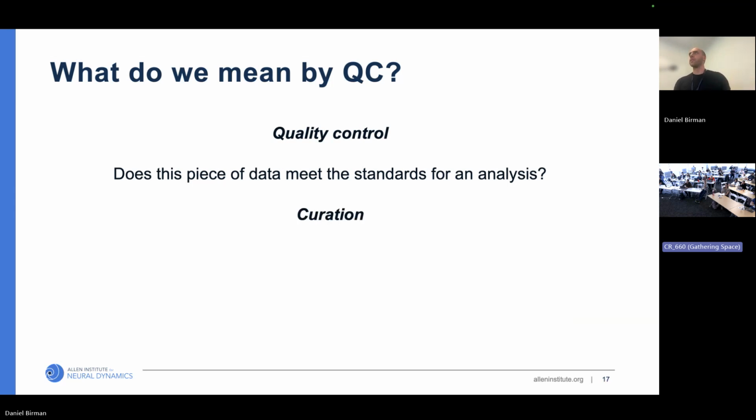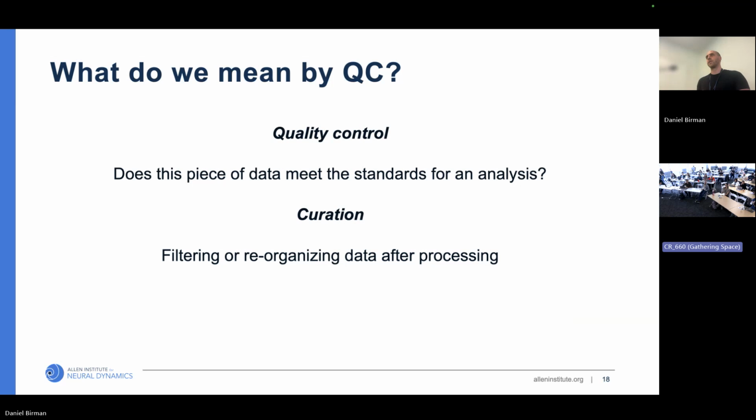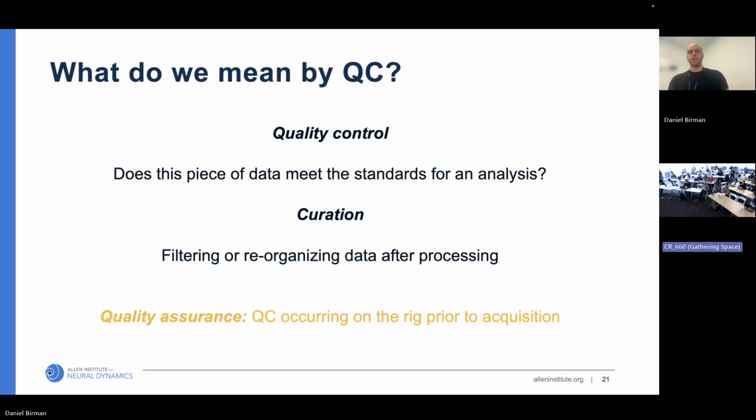We distinguish that from curation, which is about filtering or reorganizing the parts of the data after processing is complete. So an entire asset might fail QC, but a single neuron might fail curation. So are my individual units good is a question about curation. Did my spike sorting pass or fail is a QC question.